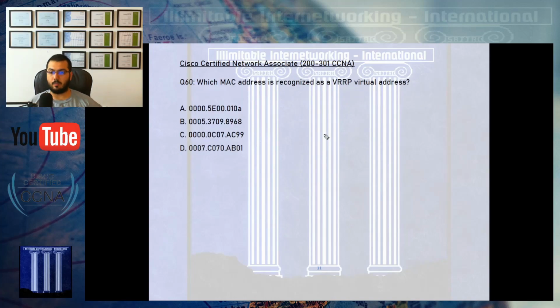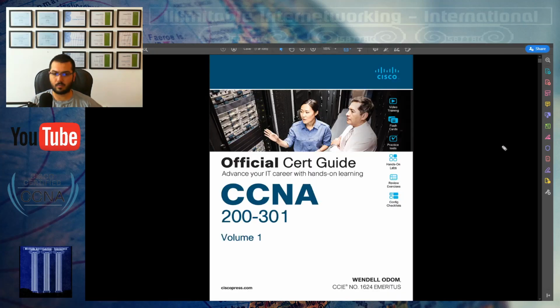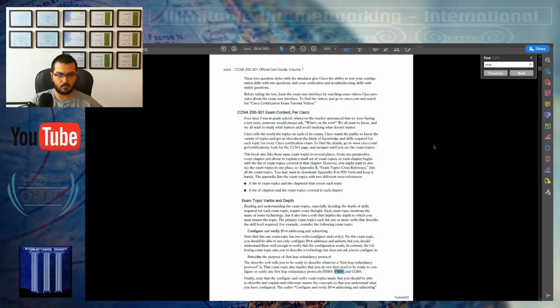Okay, question 60. Which MAC address is recognized as the VRRP virtual address? To memorize that, I'm not certain, but let's see if one of the books here can help us. VRRP. There is only one thing about VRRP here, and it's in the topics. Okay, so it's in the next book.